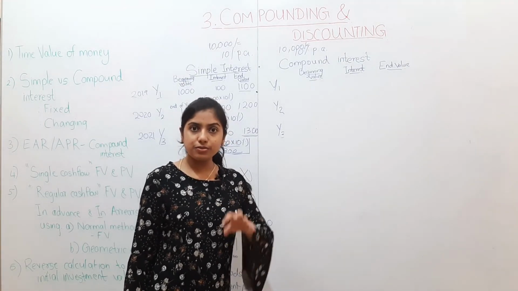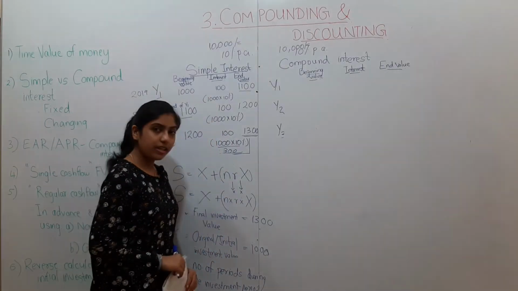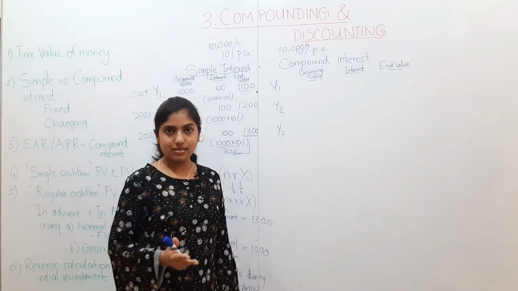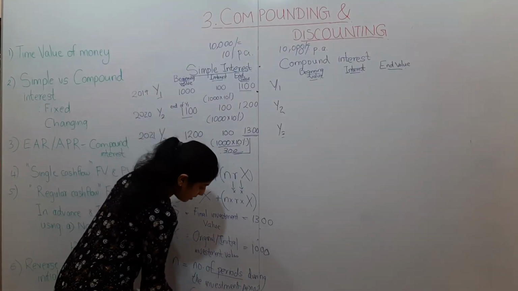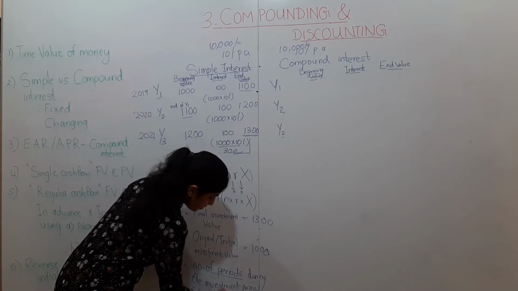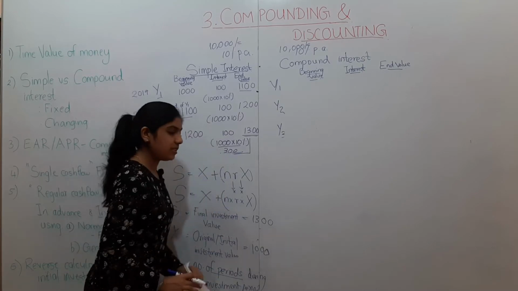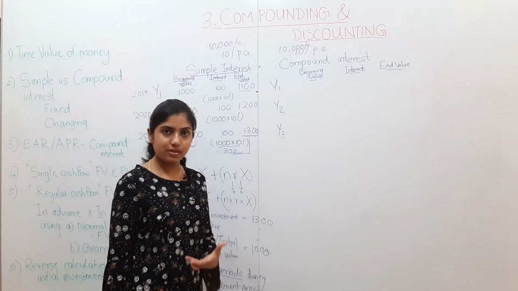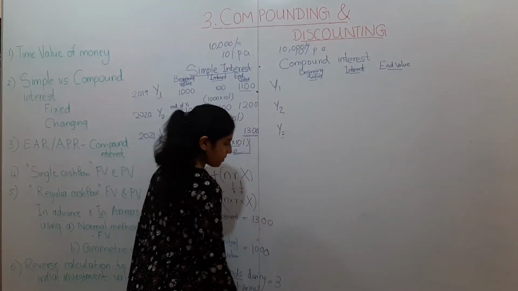That number of periods is what is called n. It can be in years, months or days. In this question, they have given it as 3 years that the entire investment will be available in the bank. So we could use 3. Alright.